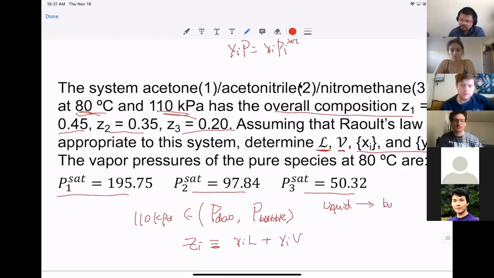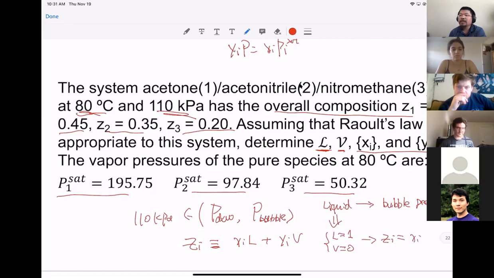So this is the bubble. Also at that condition, when you have the liquid, then this L would be 1, because that's a liquid. I don't have any vapor yet. So then this zi is your corresponding xi.